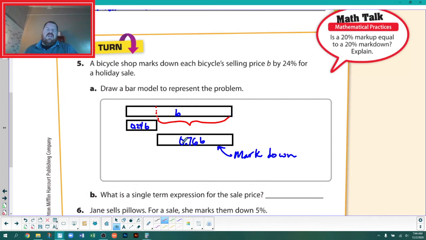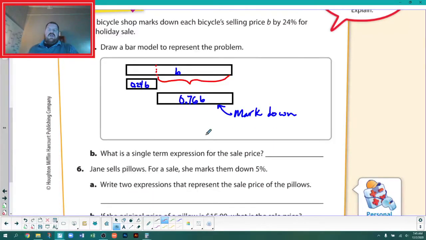Okay, that's how your book did it. I like this version a little bit better because it shows us that if I were to put these two boxes together, they would give me the whole B, but I'm only looking at part of that. So what is the single term expression? It's this part right here. It's the 0.76 times B.